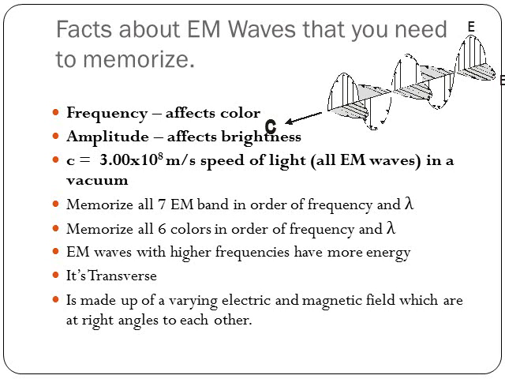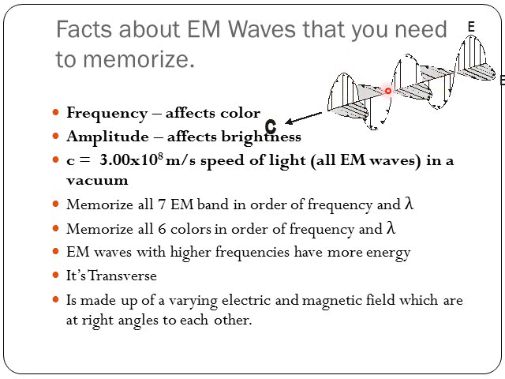Electromagnetic waves, you should also know that when they have a higher frequency, they also have more energy involved. You should also know that all electromagnetic waves are transverse and are made up of oscillating electric and magnetic fields. And when the electric field oscillates, it is perpendicular to the magnetic field.